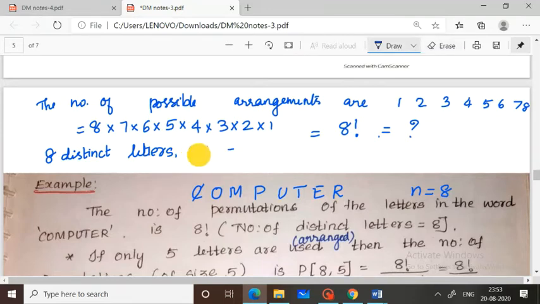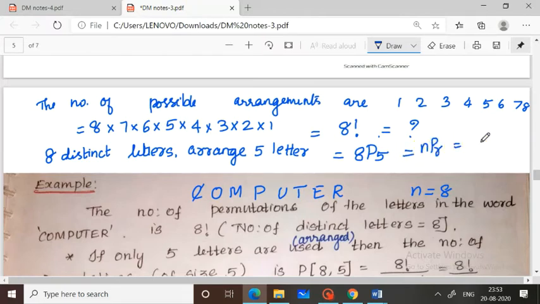So you have to arrange 5 letters. How will you arrange 5 letters? Here I have 8 letters, and out of these I have to arrange 5. Therefore it is denoted by the symbol 8P5, or nPr.